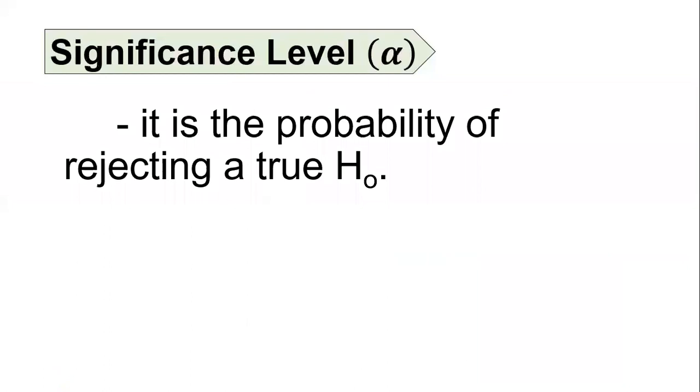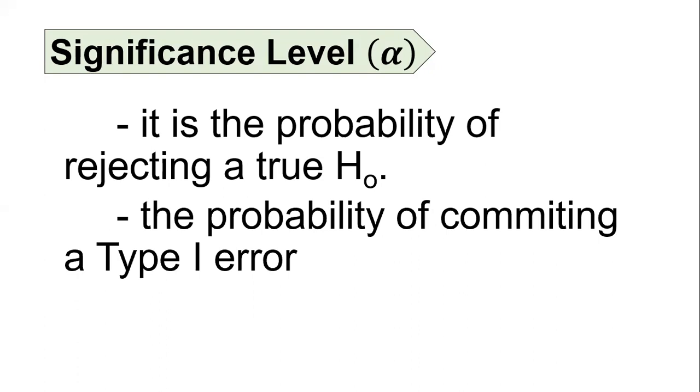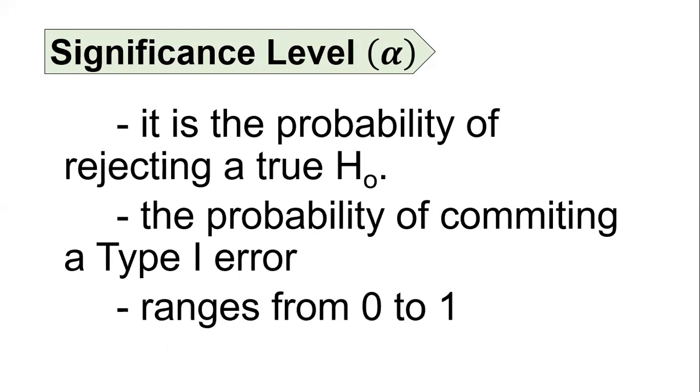This Greek letter alpha is the probability of rejecting a true null hypothesis. And also, significance level is the probability of committing a type 1 error. Remember that since we are talking about probability, it should range from 0 to 1 as well.